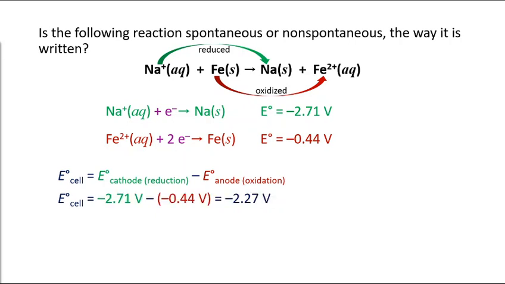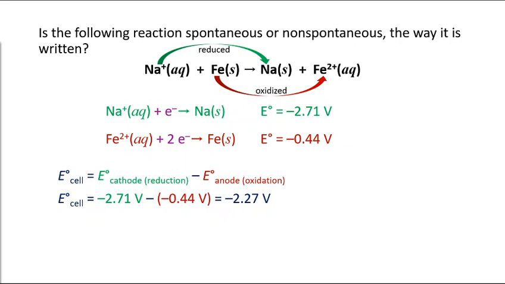For this one, the standard potential of the cell is going to be negative 2.71 volts, because that's coming from the cathode, the thing being reduced, minus the negative 0.44 coming from the iron, which is being oxidized, or sitting at the anode portion of the cell. And so this value is negative.